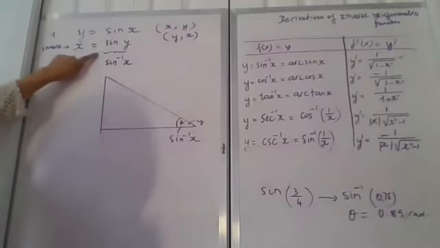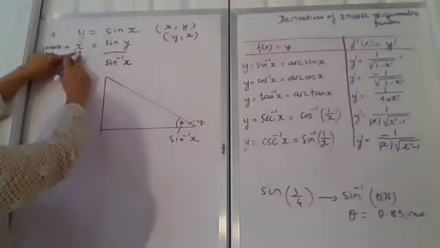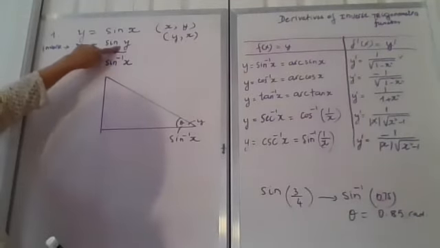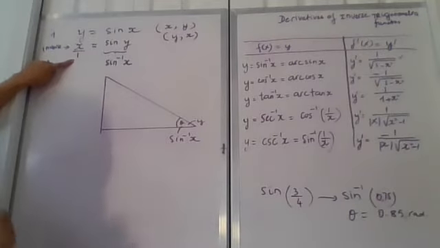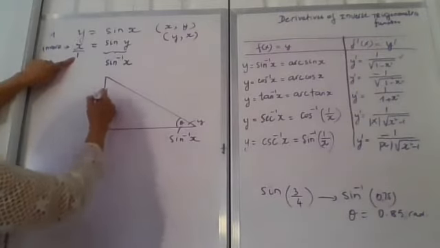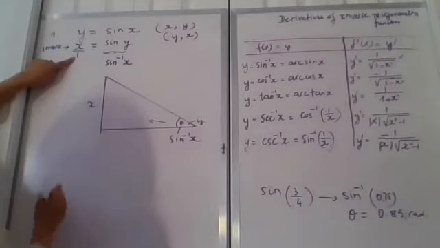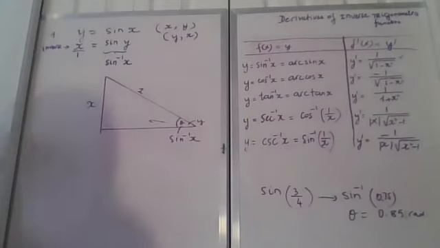And sine of the angle y equals opposite over hypotenuse, right? We can put 1 underneath. And this is the opposite of the angle, so we put an x in here. And 1 is the hypotenuse.